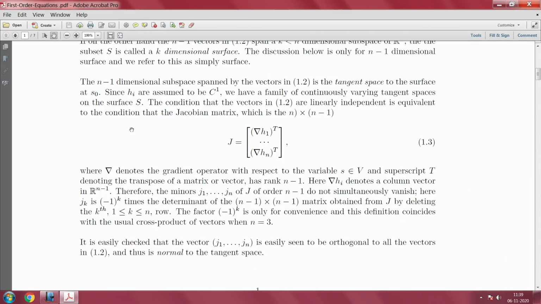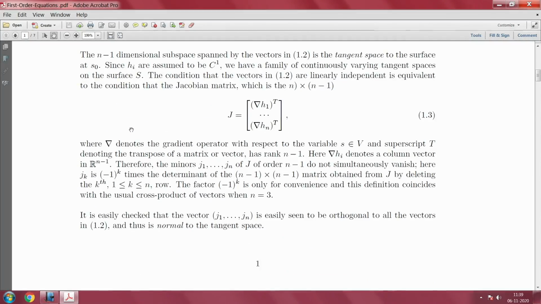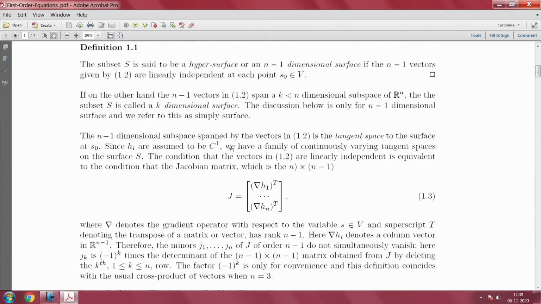And you can also check, again this is linear algebra, that this vector is in R n. All these gradient vectors are in R n, and this vector is orthogonal to all the vectors in 1.2.